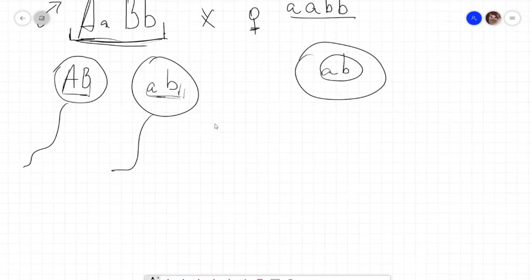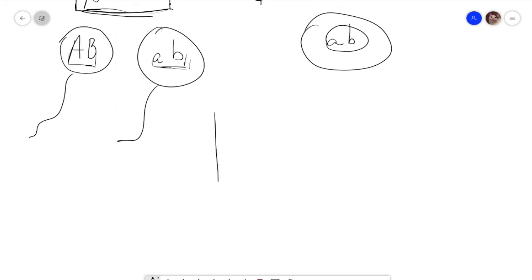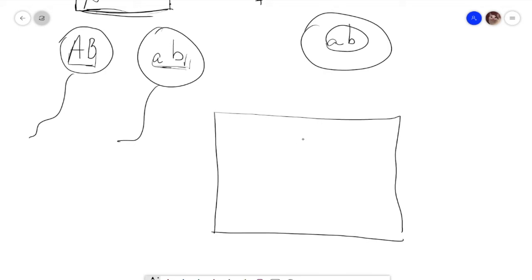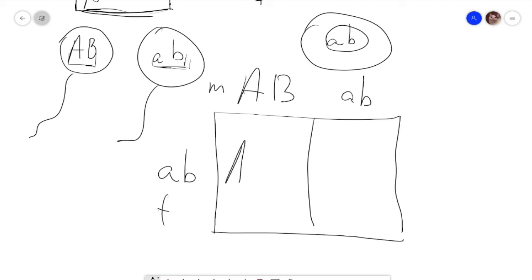Okay, crossing. Make a Punnett square. Here we have the female ab genotype, and the male genotypes capital AB and small ab.